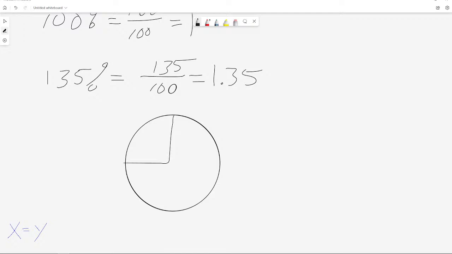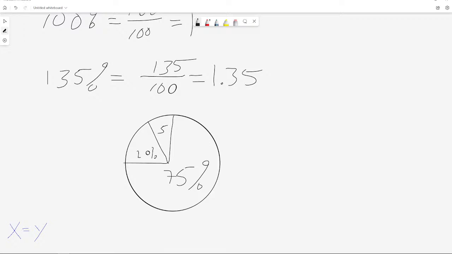Pepperoni got 3/4, so that'd be 75%. Cheese got 20%. And sausage was 5%.